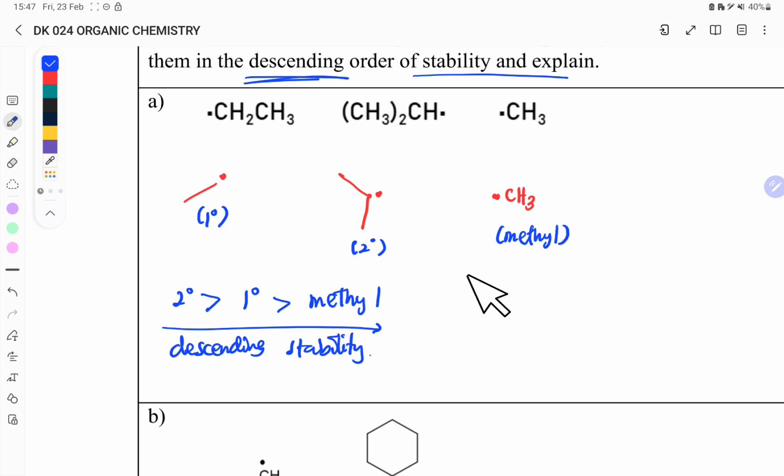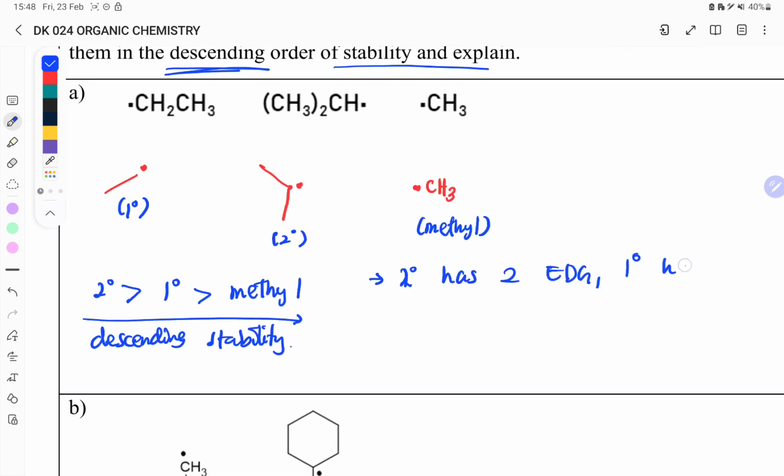The reason being, secondary has 2 electron donating groups, primary has 1, and methyl has none.